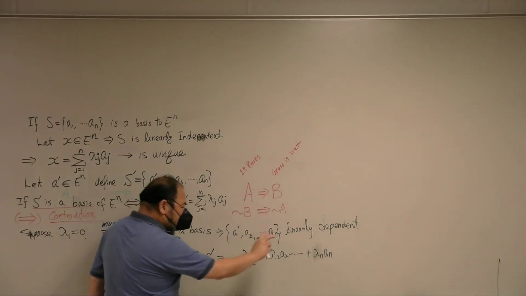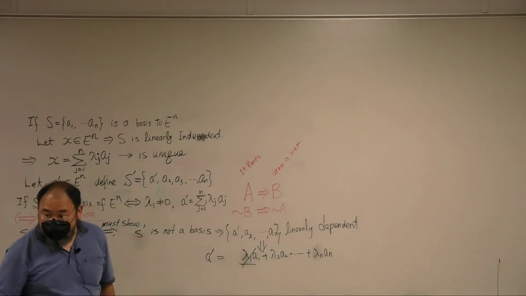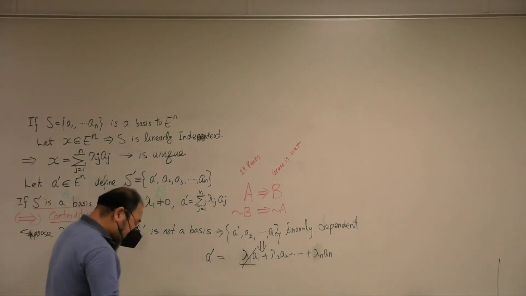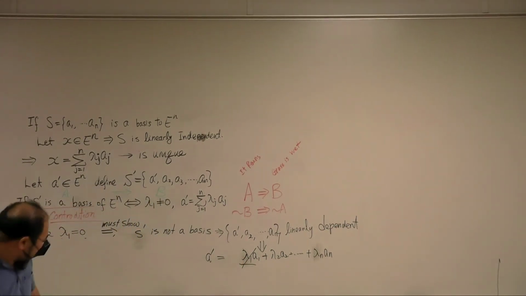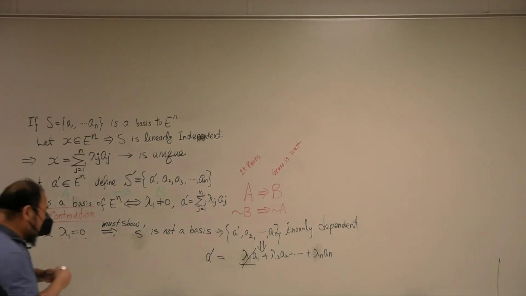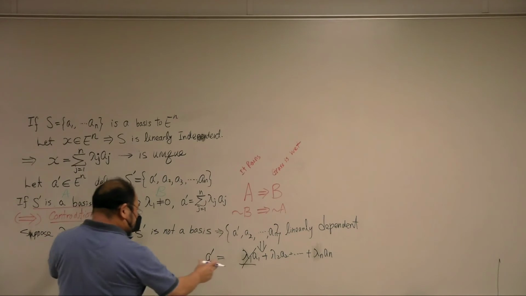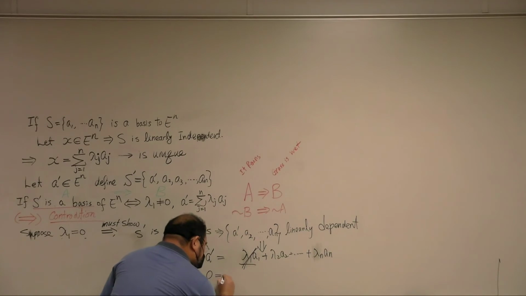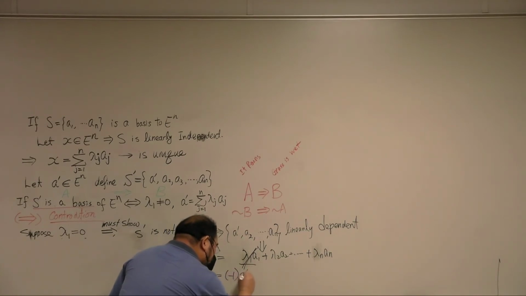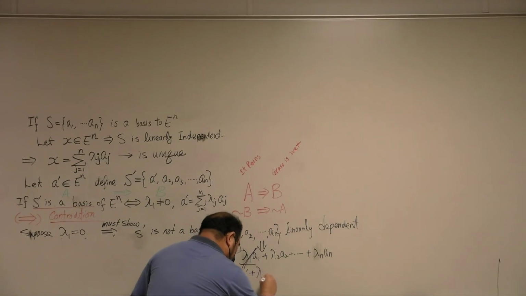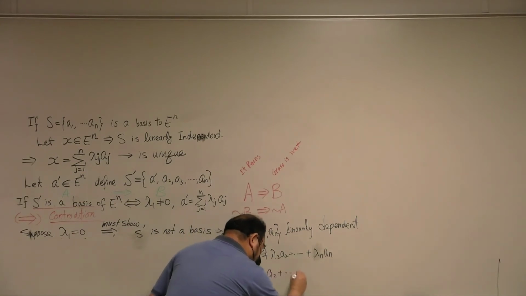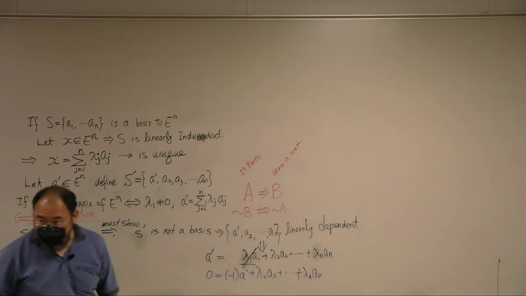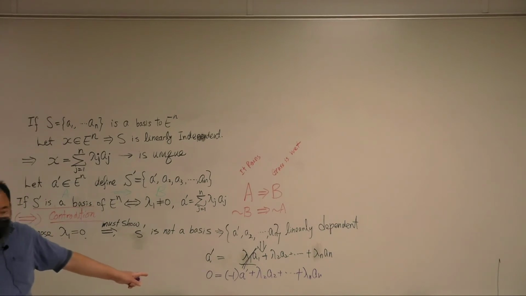Can I move this guy to the right-hand side? So what do you come up with? If lambda 1 equals 0, this term is gone, then I can have 0 equals negative 1 times A prime plus lambda 2 times A2 plus all the way to lambda n times An. Make sense? Equals to what?